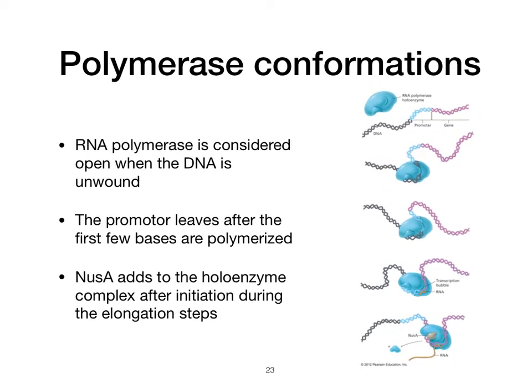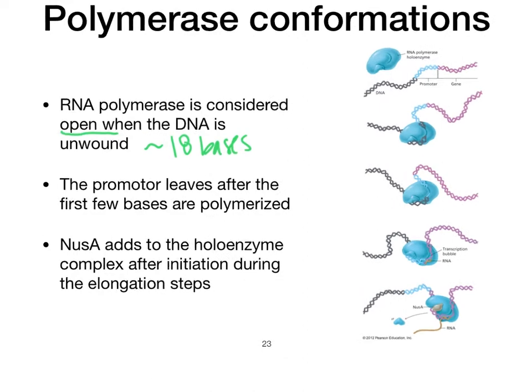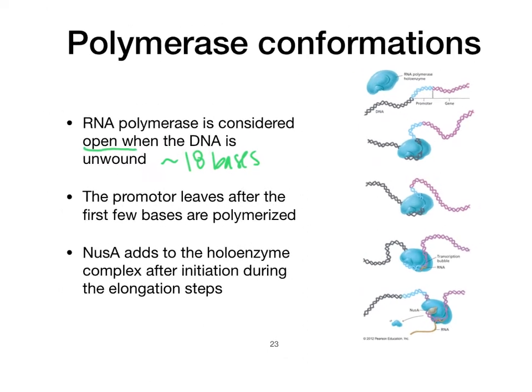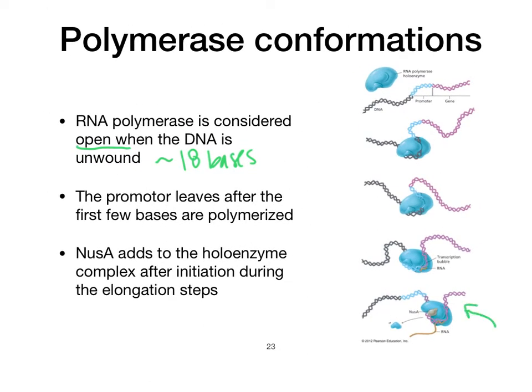RNA polymerase is considered open when the DNA is unwound, approximately 18 bases. The sigma subunit leaves the promoter after the first few bases are polymerized. NUS-A, which you can see over here in this image.